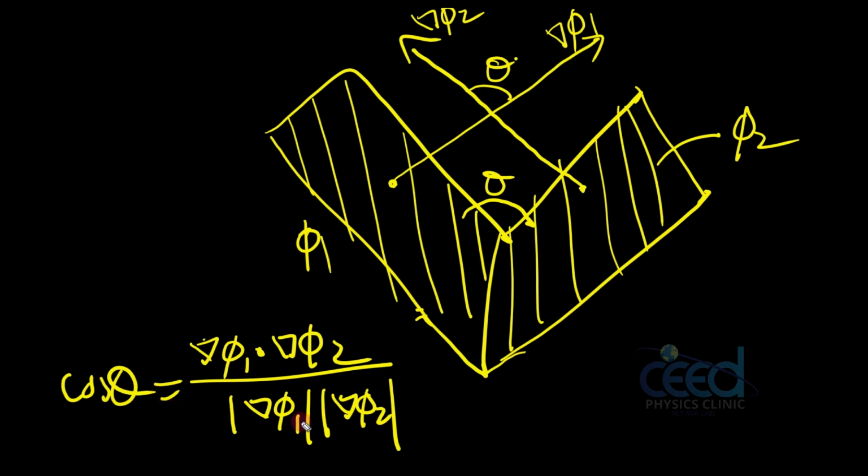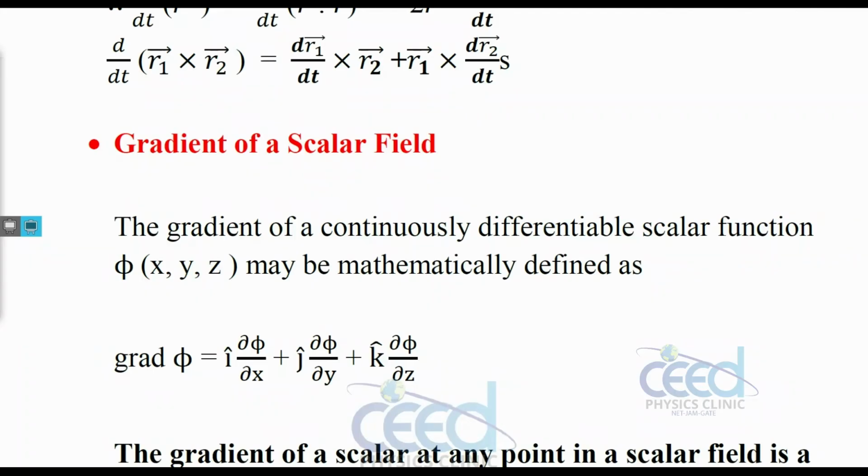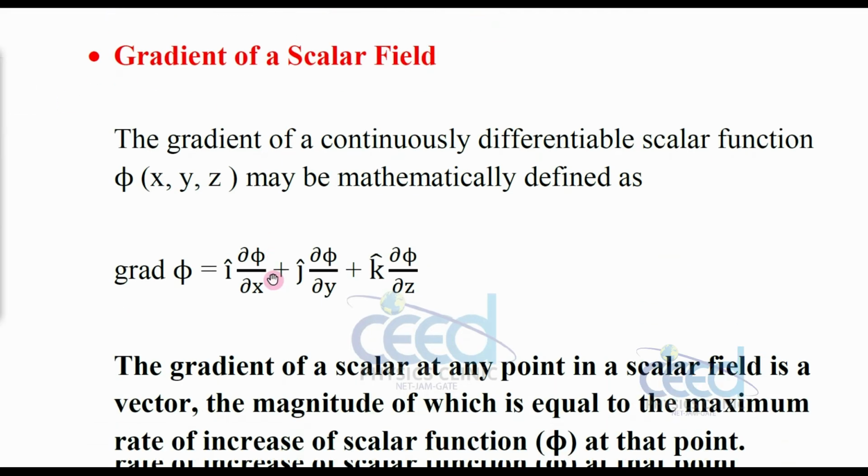We can use this formula, and this is the meaning of gradient: it is the direction normal to the surface. That you keep in your mind, and then we can go to the main screen. That's all about gradient, right?